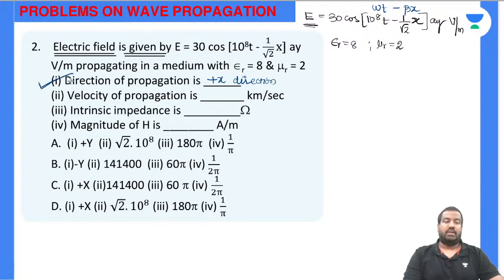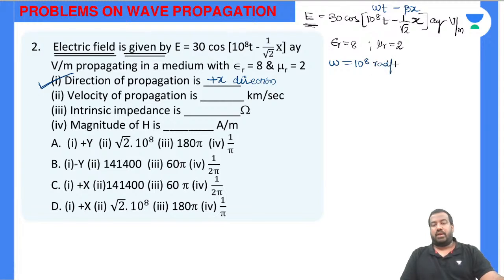Finished. Next, find velocity of propagation. How much is omega given here from comparison? 10 power 8 radian per second. How much is beta given? 1 by root 2 radian per meter.